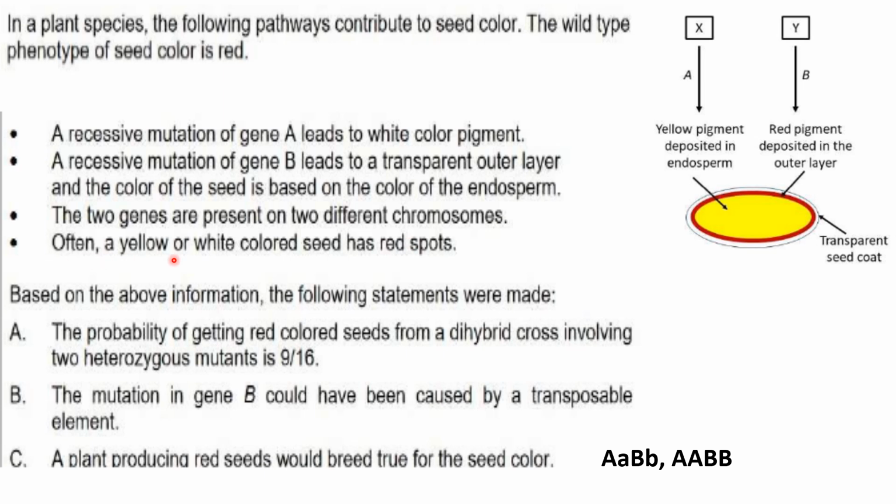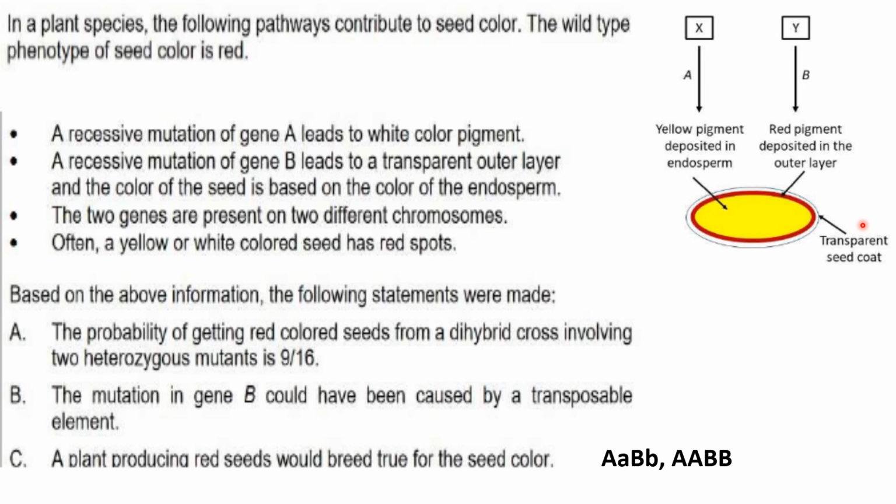Often yellow or white colored seed has red spots. Yellow means A is not mutated, wild type A is present, or white color means A is mutated, so the endosperm will be white in color. And instead of the red coat color being continuous, they will have red spots. Now what do these spots indicate?